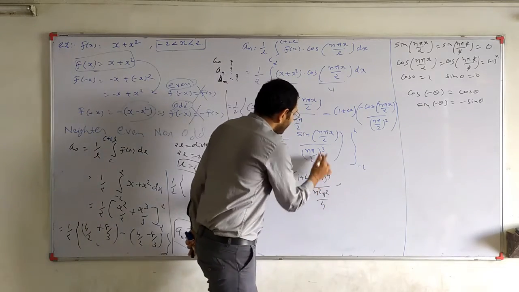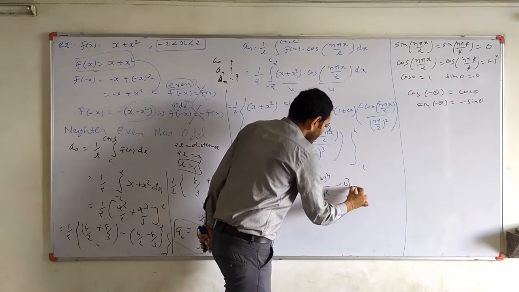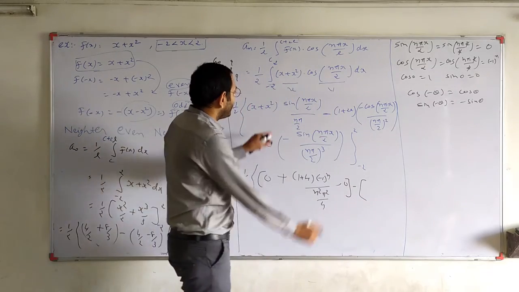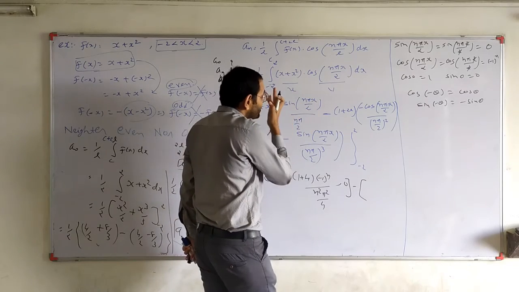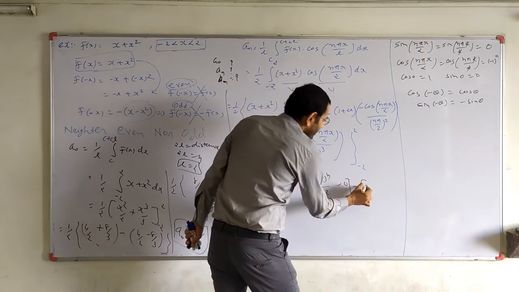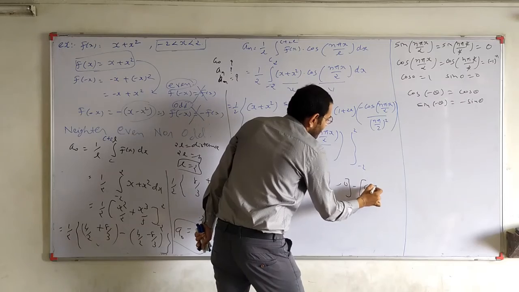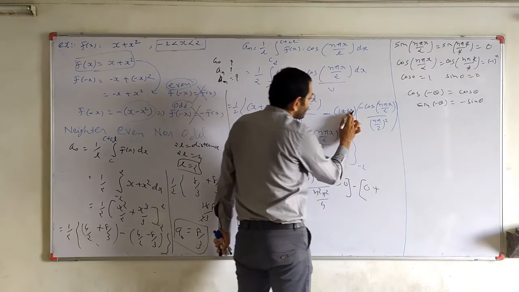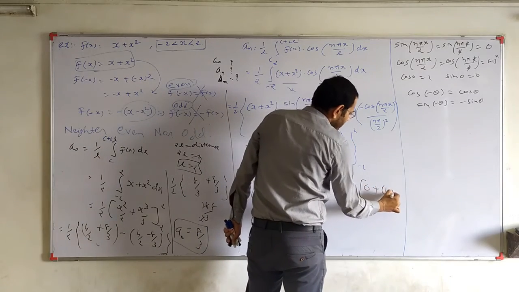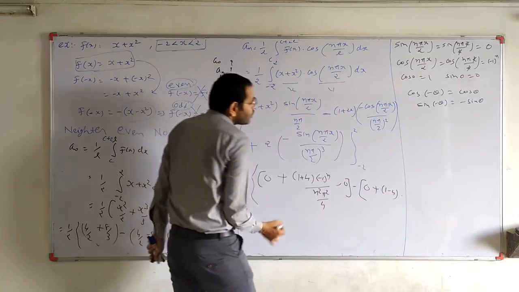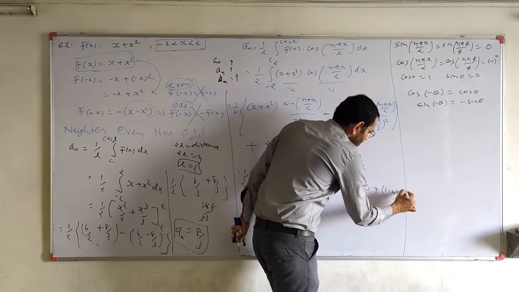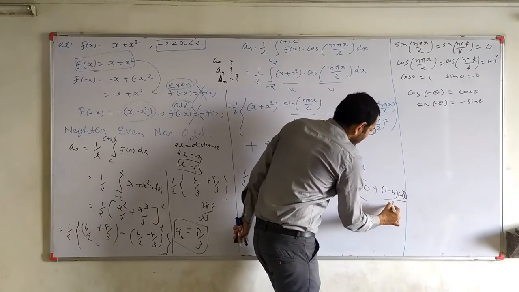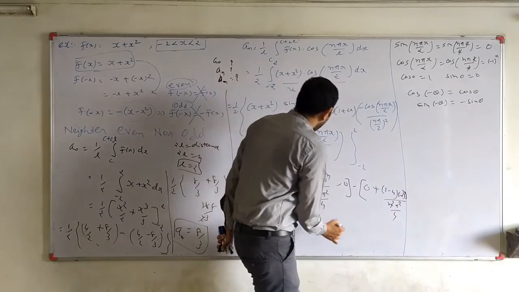Here minus sin n pi is 0. For the lower limit, minus sin of minus theta equal to minus sin theta. Then 2 cancels out, then sin n pi is 0, 0 into anything is 0, minus minus plus. Here minus 2, then minus 4, and 1 minus 4 into cos of n pi, that is minus 1 raised to n upon n square pi square by 4.